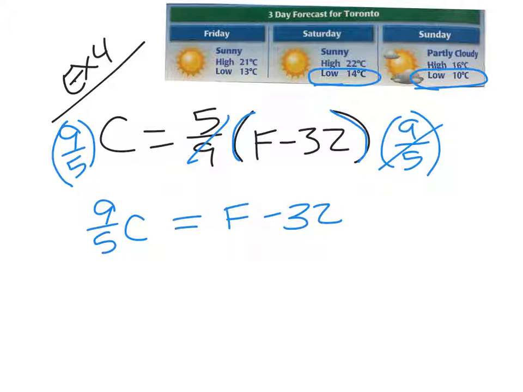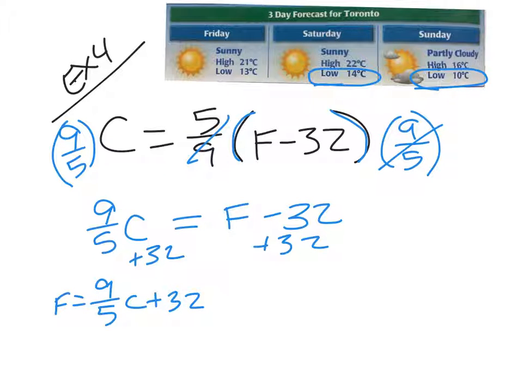What's my next step? Add 32. Yep. So I get 9/5 Celsius plus 32, and all of that equals Fahrenheit, which I'm going to move over to the other side now.